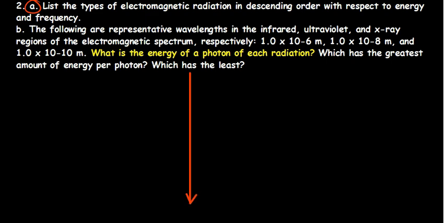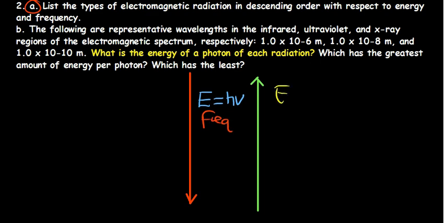In other terms, that means the wavelength is going to be in ascending order. So we're trying to arrange them in descending order in respect to energy, and you've seen from our formula that energy is directly proportional to the frequency, right?